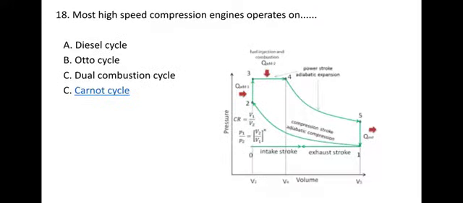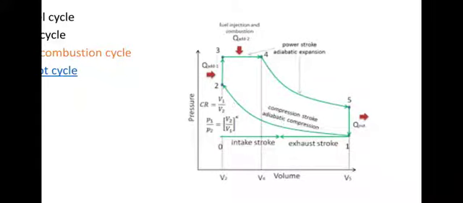Next question: most high speed compression engines operate on, and the answer is the dual combustion cycle. Here you can see the dual combustion cycle.